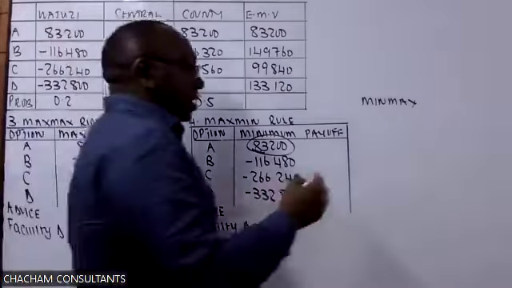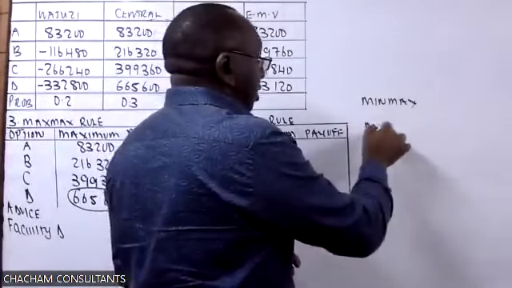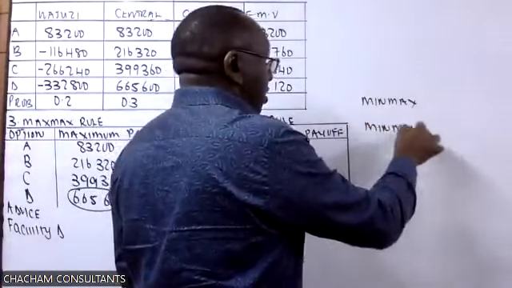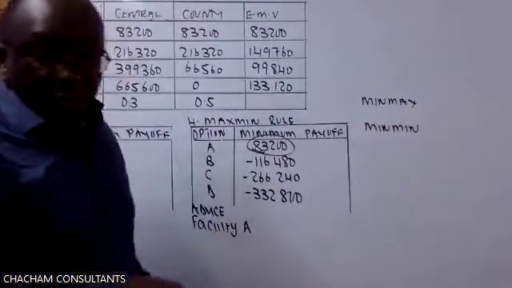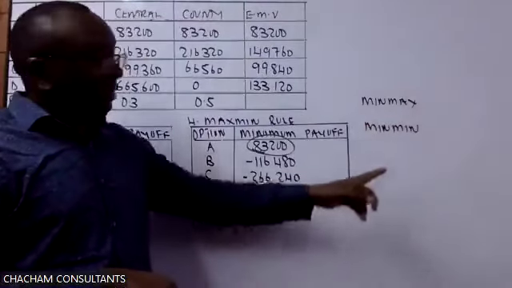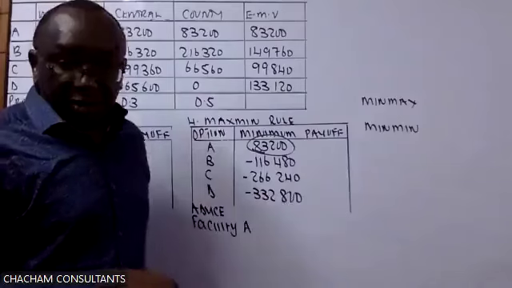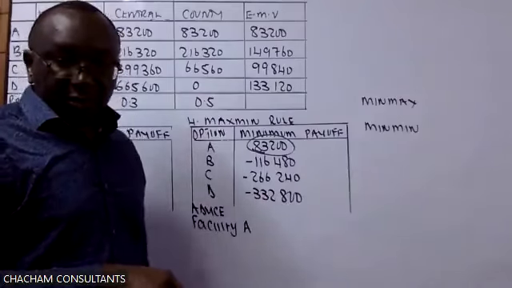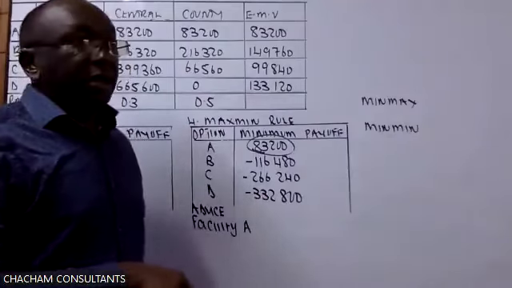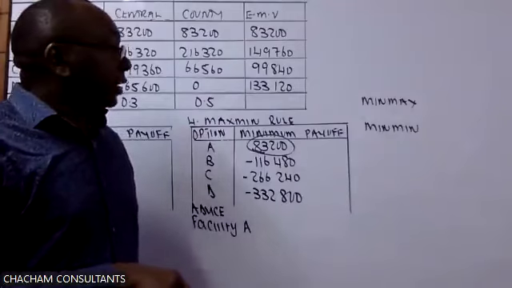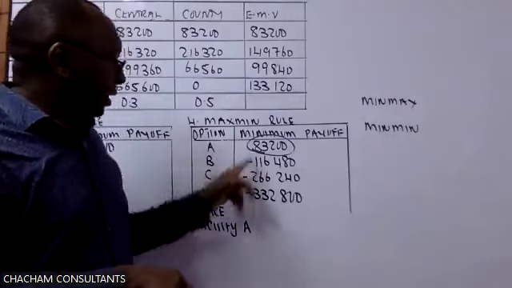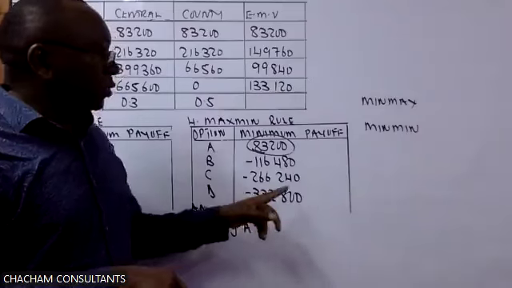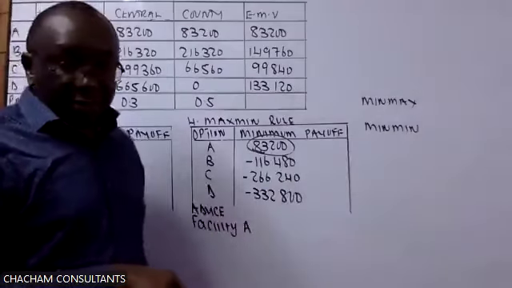The fourth combination you can get is called min-min. Now this one will require that you extract the minimums. And it will then be like this. And you will go for the minimum of the minimums.